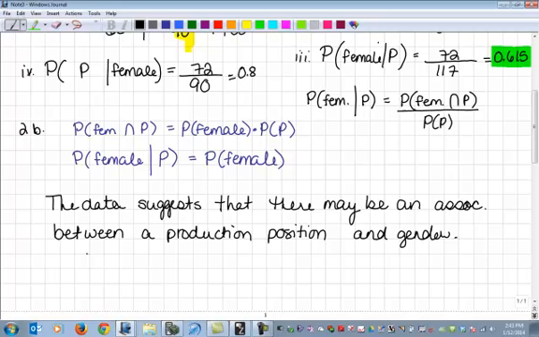And then we could say we had 60% of the workers were female, whereas 61.5% of production workers were female.